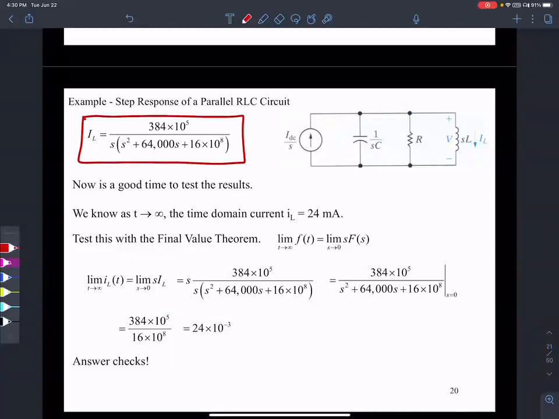But if you want to get the IL from the S domain back to the time domain, the lowercase time domain, then what you have to do is partial fraction expansion. Notice that this is a proper fraction. You can factor it out.